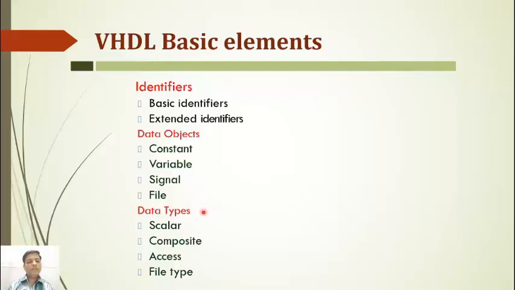Then third point, data types. Four data types are available: first scalar, second composite, third access and last file type. So these are the VHDL language elements. Today we are going to cover all these parameters.